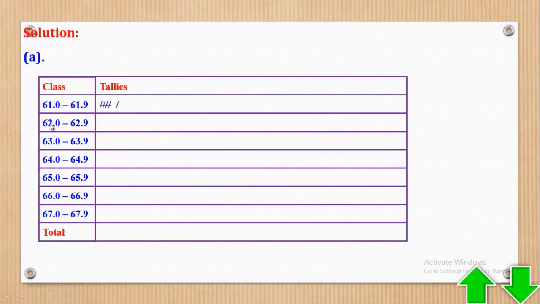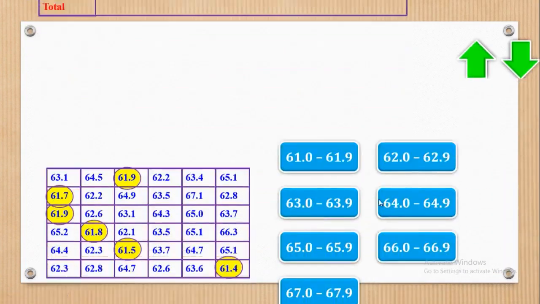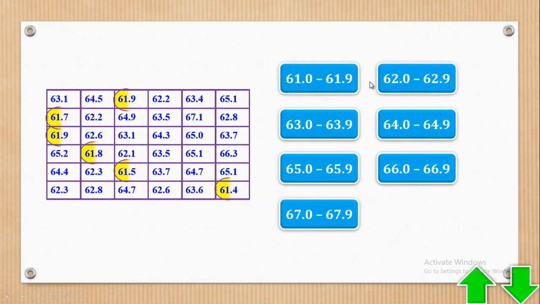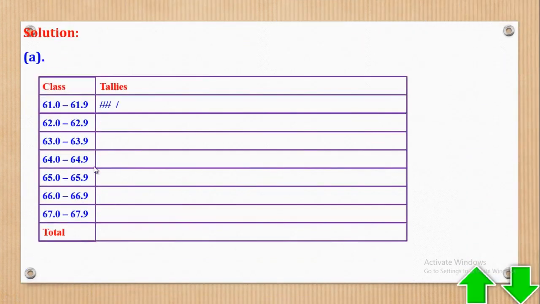The next is 62.0 to 62.9. So those are 1, 2, 3, 4, 5, 6, 7, 8, 9. So you put tallies corresponding to 9. The next is 63.0 to 63.9.